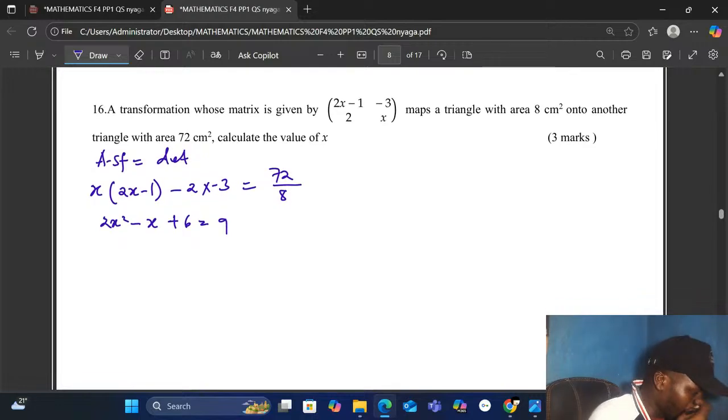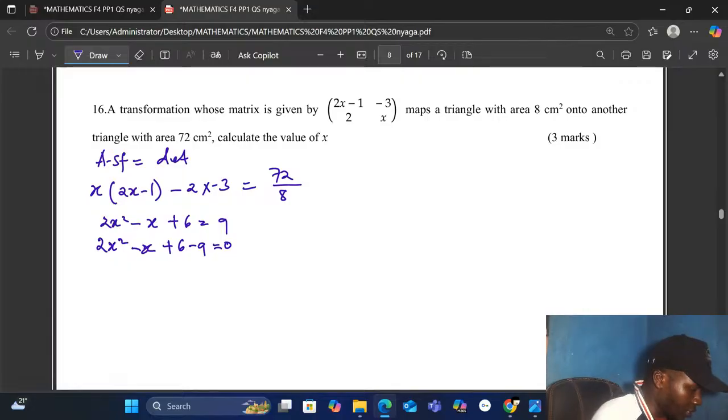So we are going to have a quadratic equation. So we have 2x squared minus x, then plus 6 minus 9 equals 0.